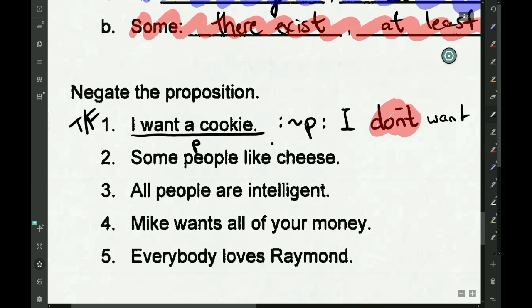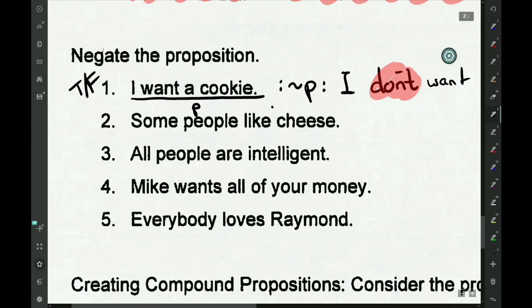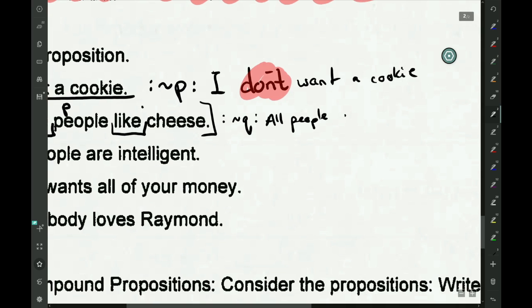Some people like cheese. To negate this, you have to negate the quantifier and liking cheese. So again, maybe this is the statement Q. Not Q would be all people do not like cheese.